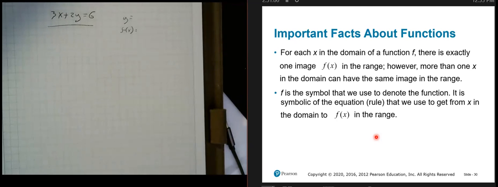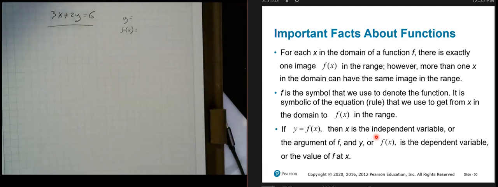Next step. All right. If y equals f of x, then x is the independent variable and y is the dependent variable. It's also known as the value of f at x.